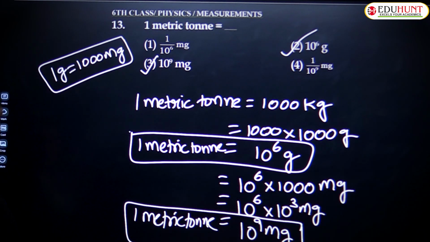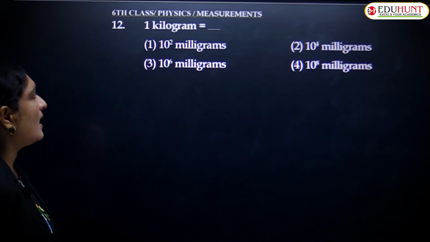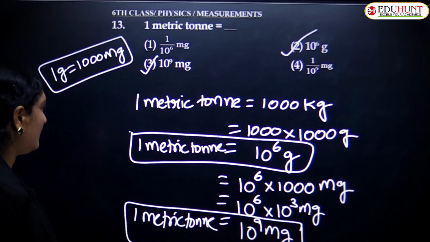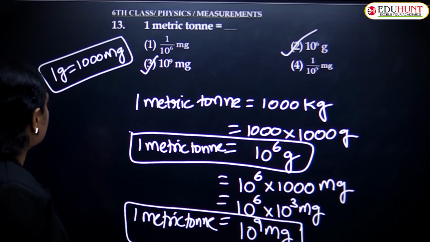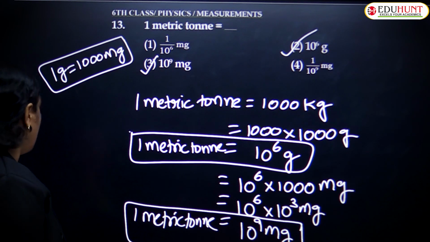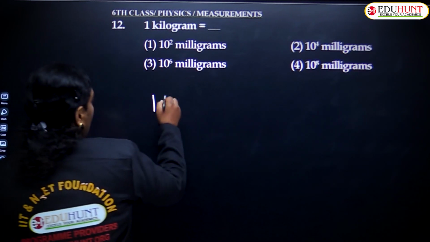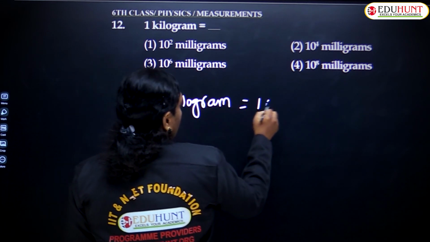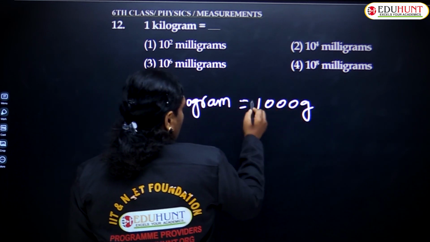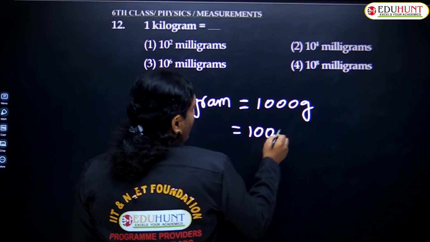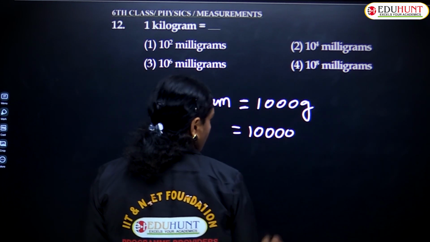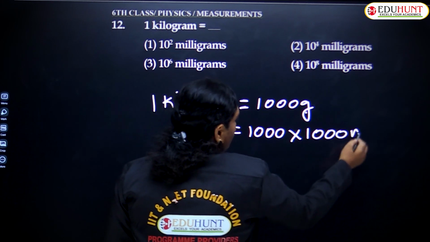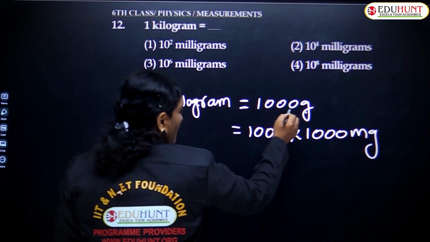Okay. So next question. 1 kilogram is equals to how many milligrams? Just now we calculated. 1 kilogram is equals to 1000 grams. This is nothing but 1000 into, again grams and milligrams is again 1000 milligram. 1 kilogram is 1000 grams.